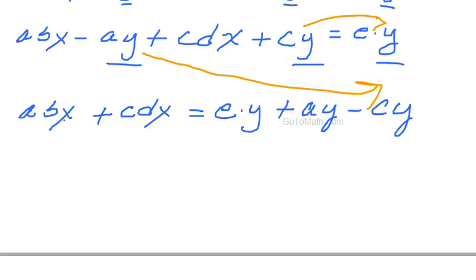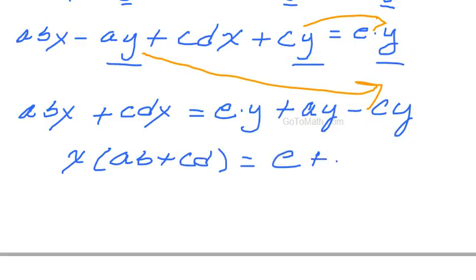How's that? Let's go ahead and factor this x out, just because we can. AB plus CD is equal to, and we'll want to factor out this y, obviously, e plus a minus c.